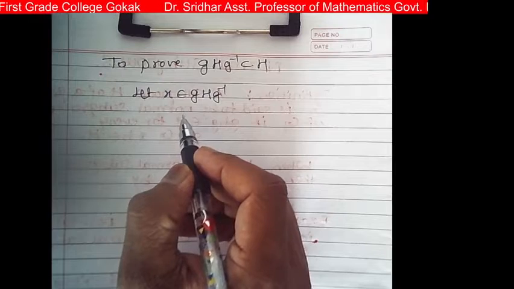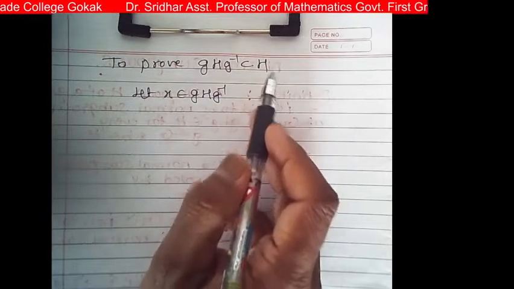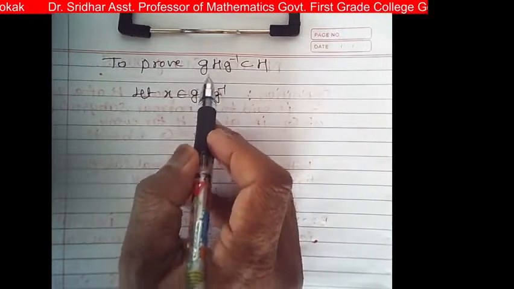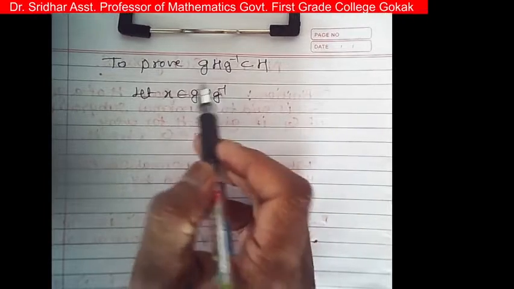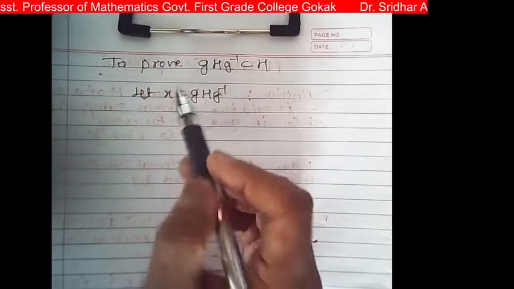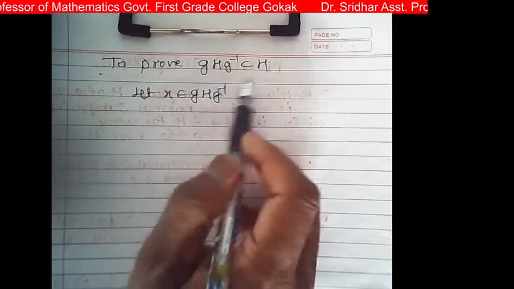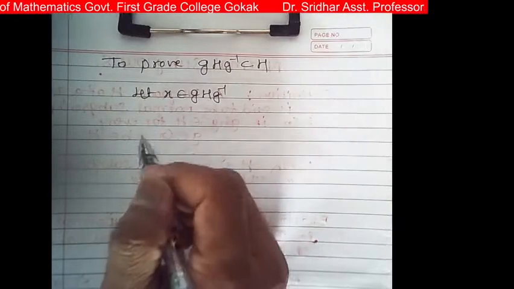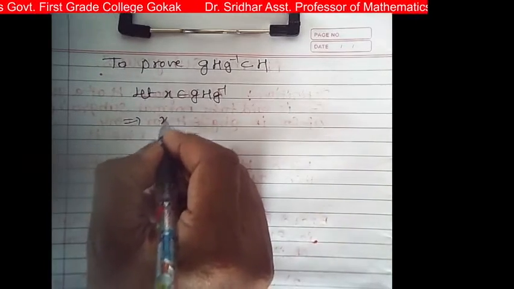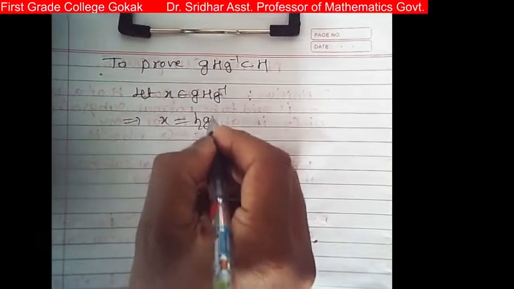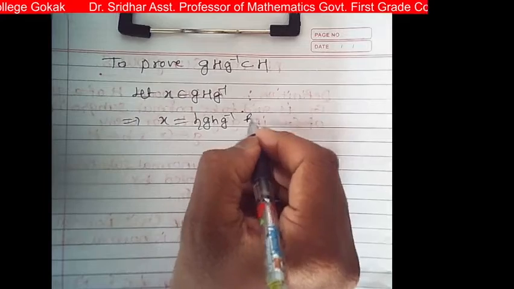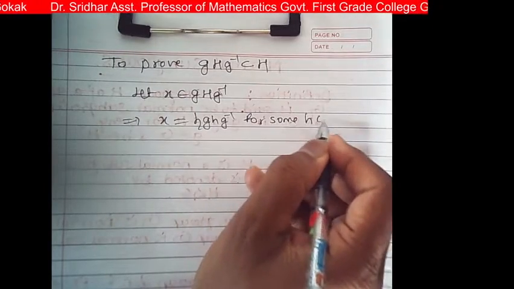Then we prove that x also belongs to the set H. Then it implies that GHG inverse is a subset of H. So if any element belongs to GHG inverse and the same element also belongs to H, then this is a subset of H. Therefore x belongs to GHG inverse. This means x is of the form g h g inverse for some h belongs to H, correct?